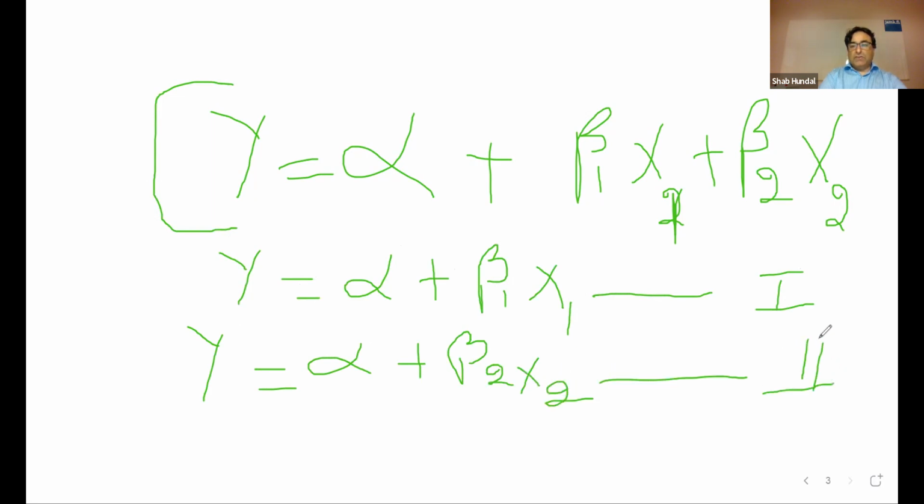So a very simplistic solution is that if we suspect the correlation between the independent variables is too high, then we can break up our model and make multiple models. Here you would be doing one regression, but here you'll be doing regression twice. Nothing much changes basically.